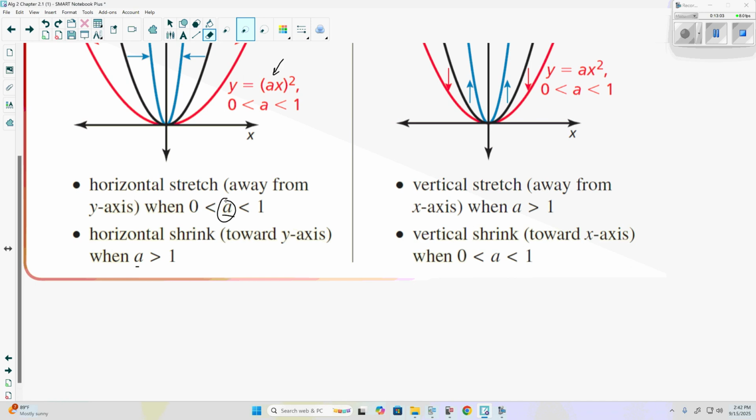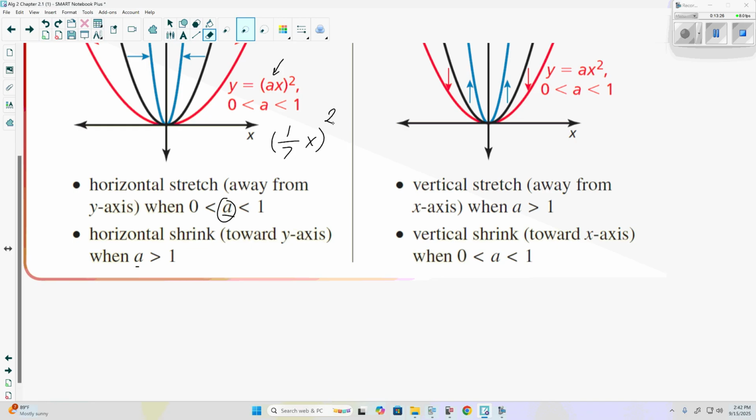So they're saying if we have 1/7 in place of what they call A, it is between 0 and 1, so it is described as a horizontal stretch. But we wouldn't say it's a horizontal stretch of 1/7. We would say it's a horizontal stretch of 7. We flip it.